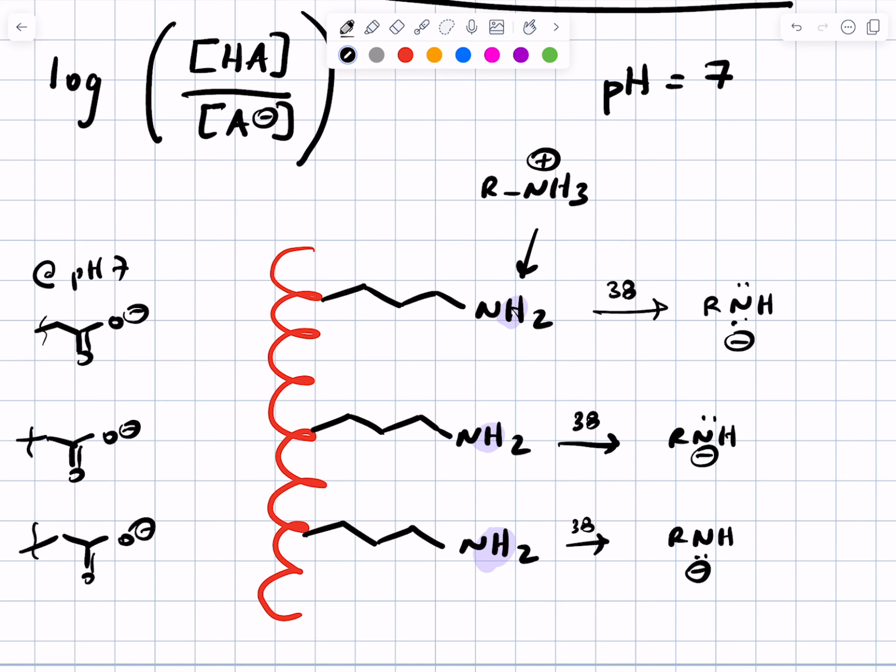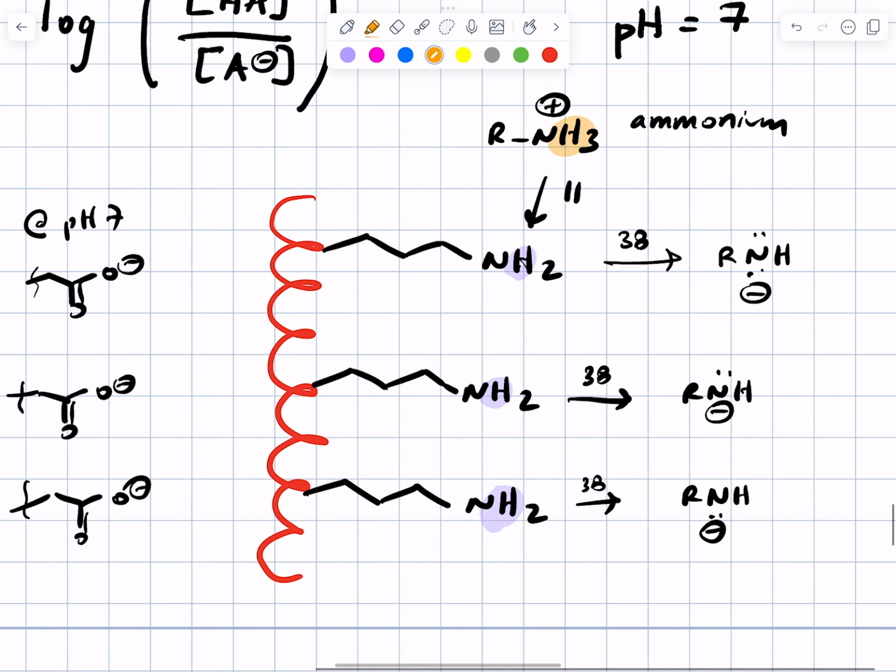That is, neutral amines have positively charged ammonium conjugate acids, and their pKa's are 11. So it's not just the purple proton you have to worry about, you also have to worry about the orange proton, the extra one. Okay?